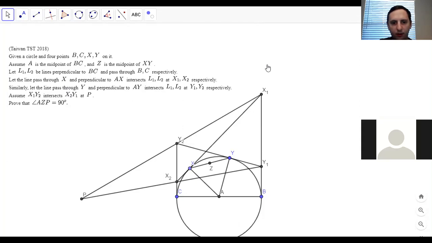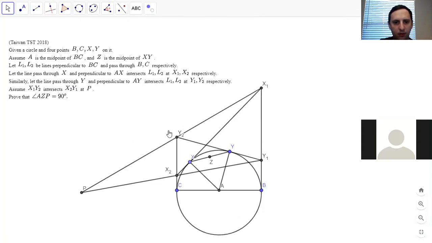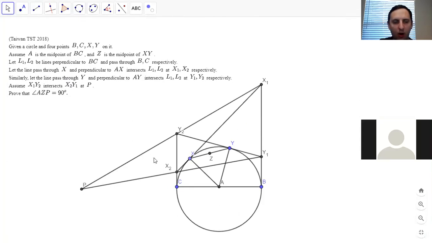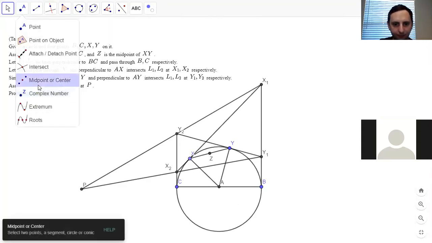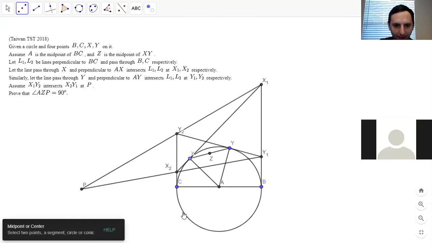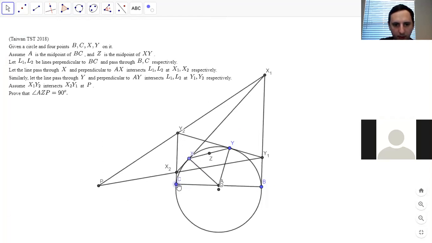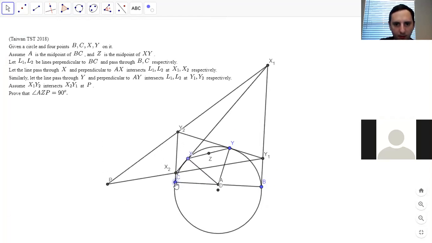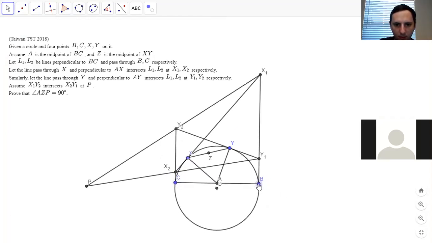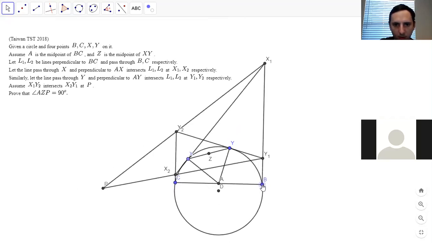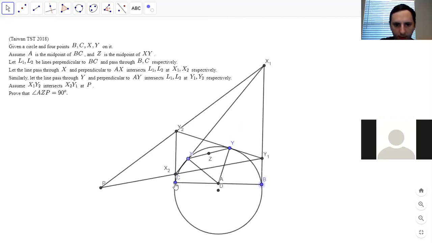Okay. Can you name the center of CXYB? Oh, the center of the circle? Yeah. It almost looks like BC is a diameter. So yeah, I should probably change that. Change the diagram a little bit for that. Guess that looks okay.